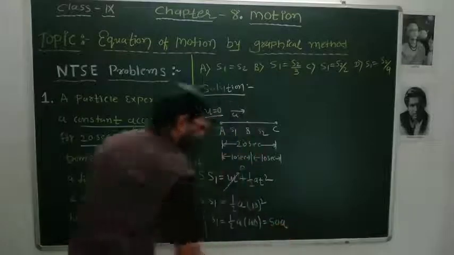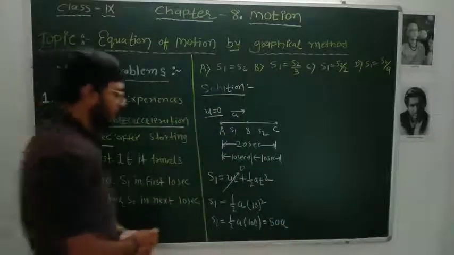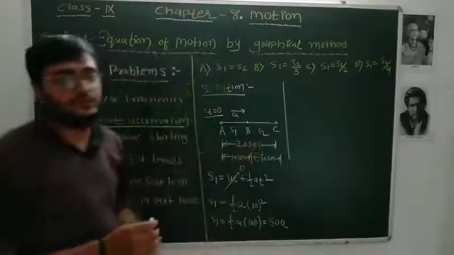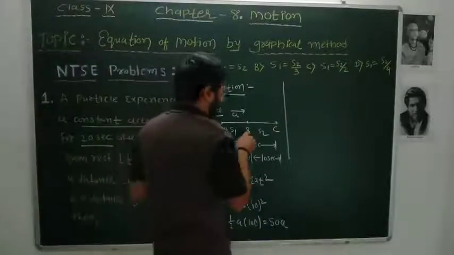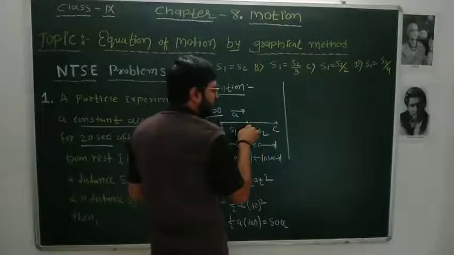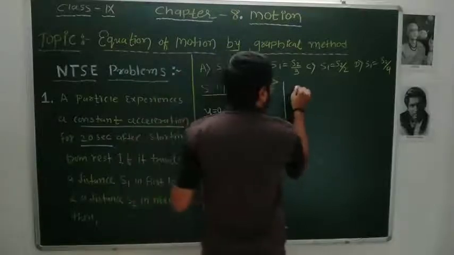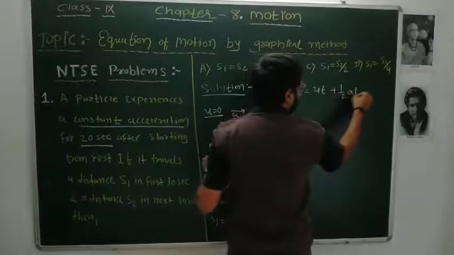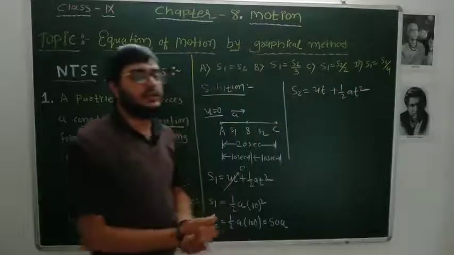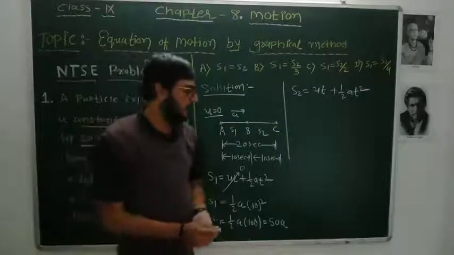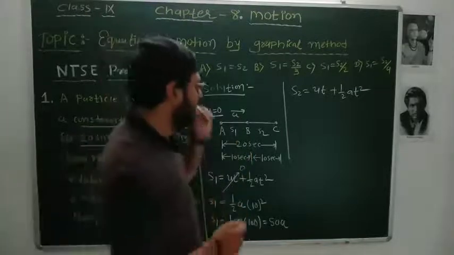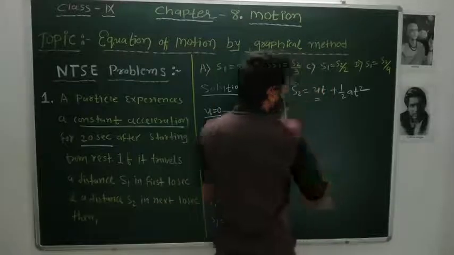Now we want to find the other displacement, when it moves from B to C. So s2 we can write as ut plus half at square. But from this figure we can see that at point B the initial velocity of the particle is not 0. So how can we find this initial velocity?